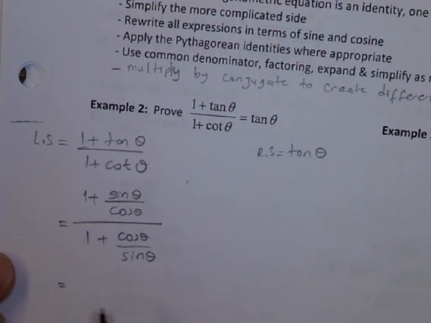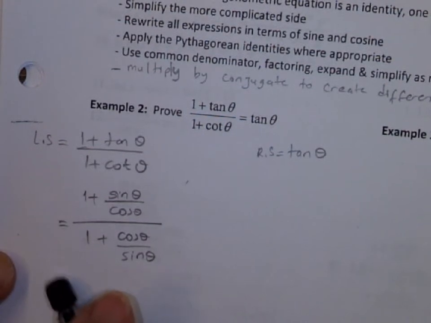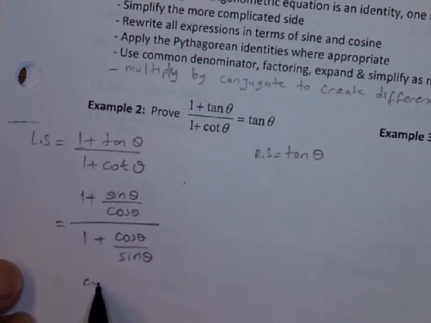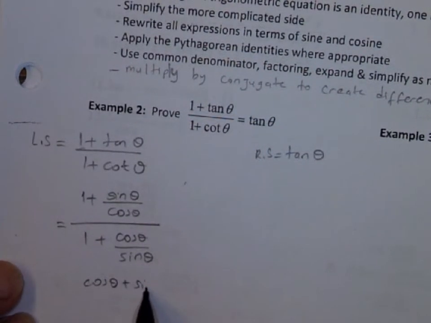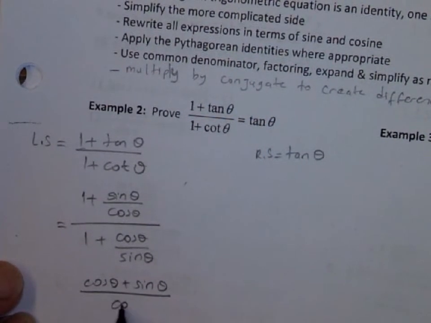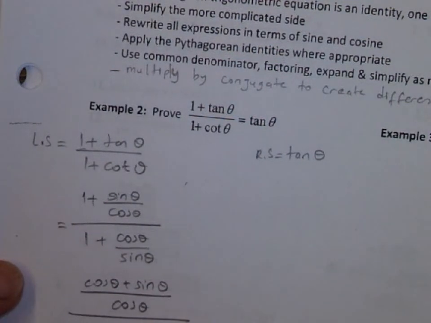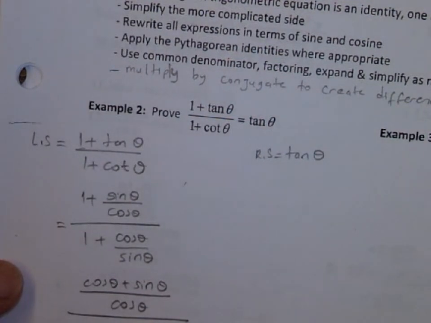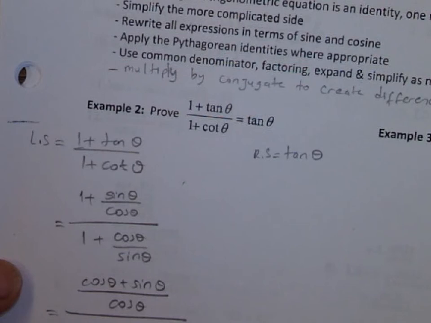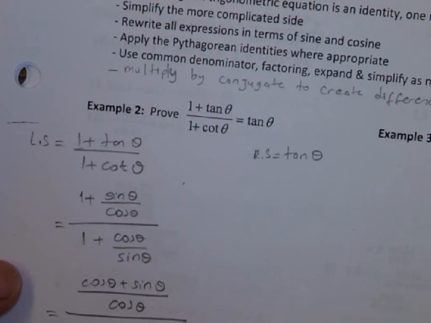Now have a common denominator for the numerator and denominator. So we get cos theta plus sine theta over cos theta, and here we have sine theta plus cos theta over sine theta.